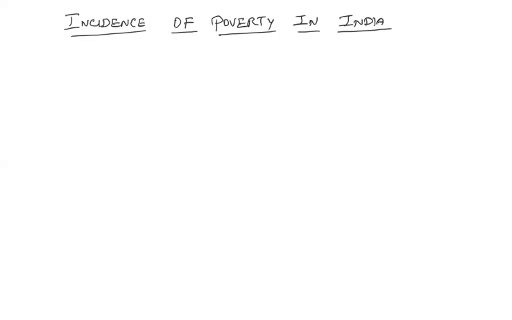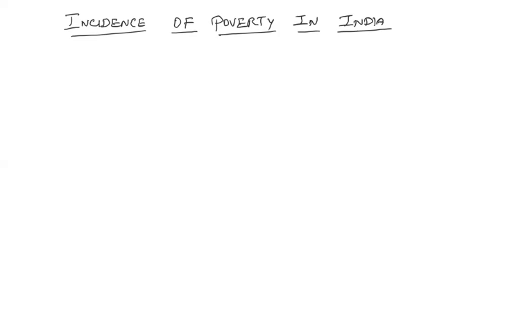Okay, now let us move on to the incidence of poverty in India. Based on the data, what is the extent of poverty in our country? There are estimates starting from 1973-74.